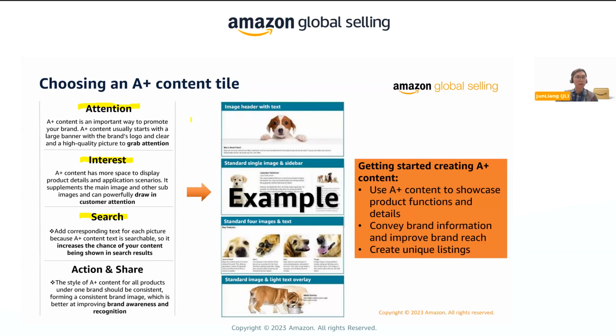So it increases your chance of being shown in your search results. So lastly, that will be a typical template that you can follow. Use your A+ content to showcase your product function and convey your brand information. This will create a unique listing that is different from the rest that you've seen.